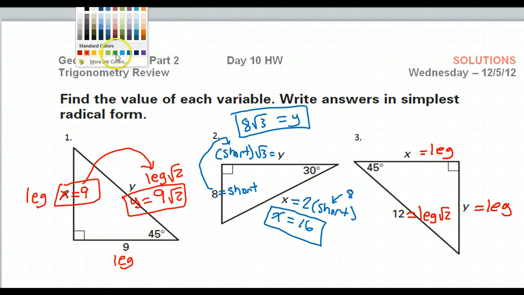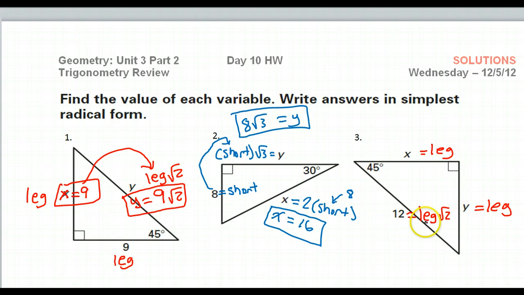So in order to solve this equation for the leg, I need to divide by radical 2 on both sides. So if I divide by radical 2, that's going to give me 6 radical 2. So the leg is 6 radical 2.